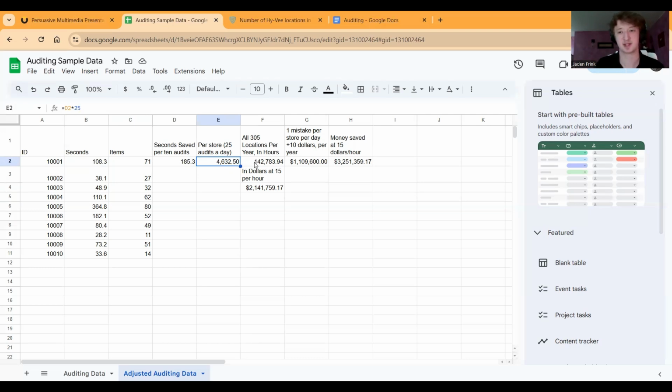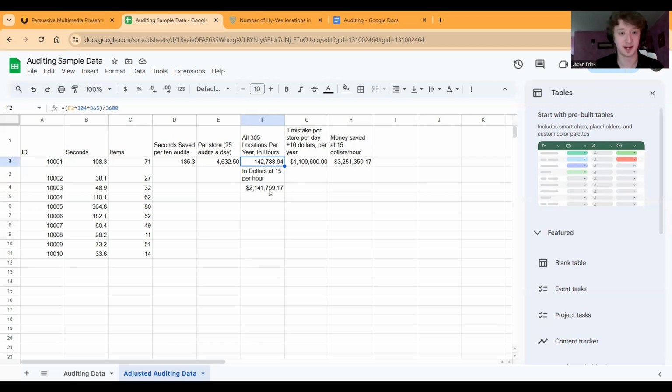It's about 75 minutes a day, just over an hour. Still doesn't sound like a whole lot till you extrapolate it to all 305 locations, and extend it to a year. That's 142,000 man hours in a year that you lose. That's a lot just because of these bugs.